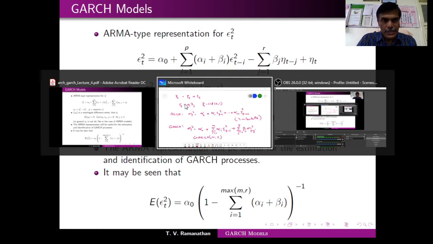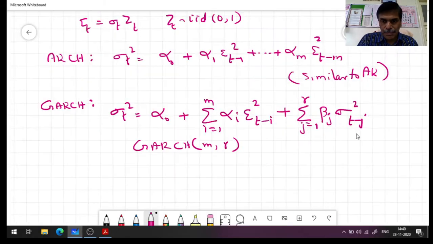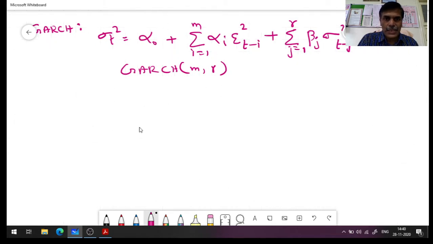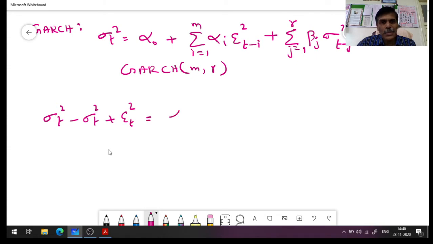I'll take this equation and then I'll write sigma t square. I'll subtract sigma t square and add epsilon t square. Okay, so I have to do the same thing here. Alpha naught plus.